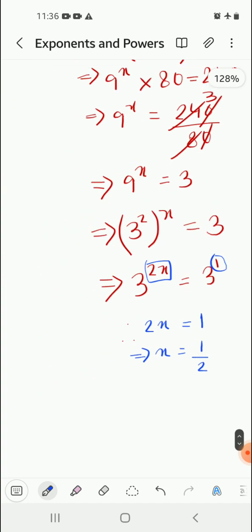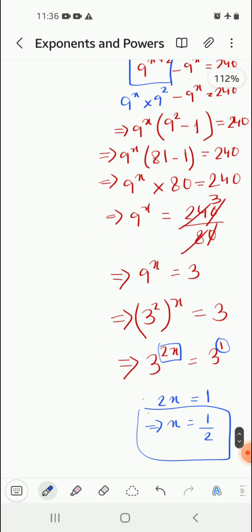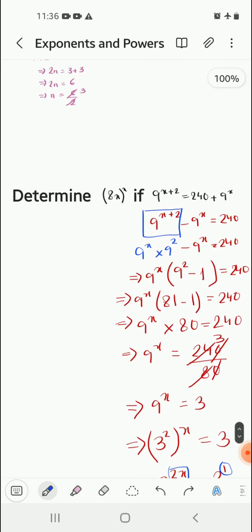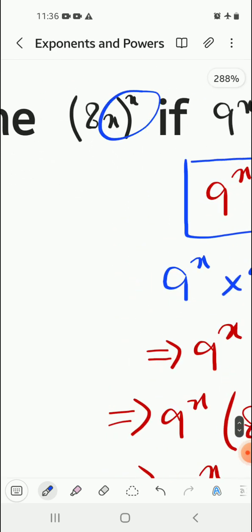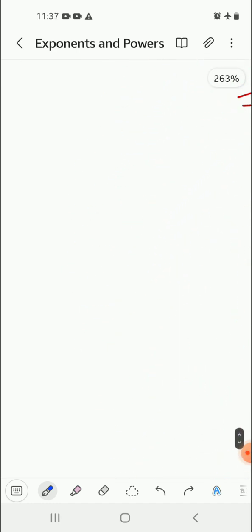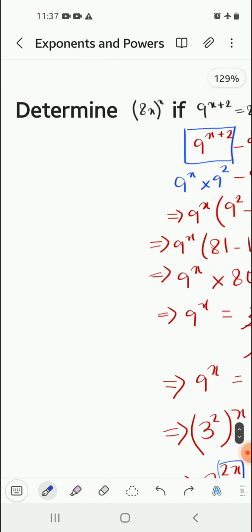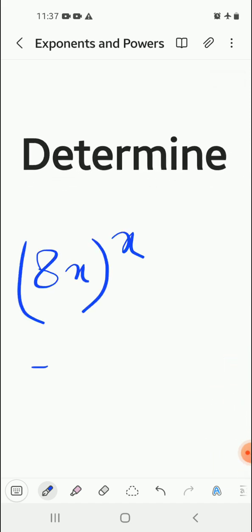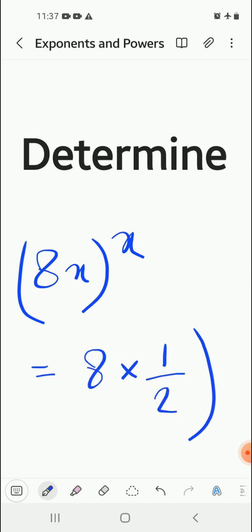Now we are going to incorporate this in the question that we were given, that is 8x to the power x. Instead of this x, now we are going to use half. Let's do it. It was given in the question, 8x to the power x. So substitute: 8 into half, to the power half.